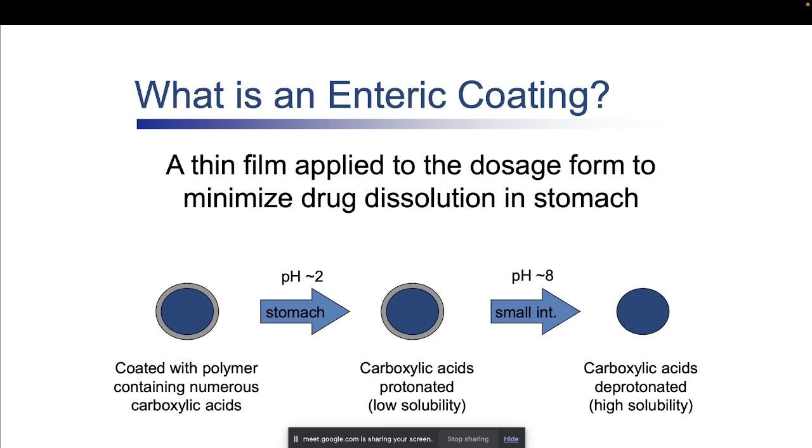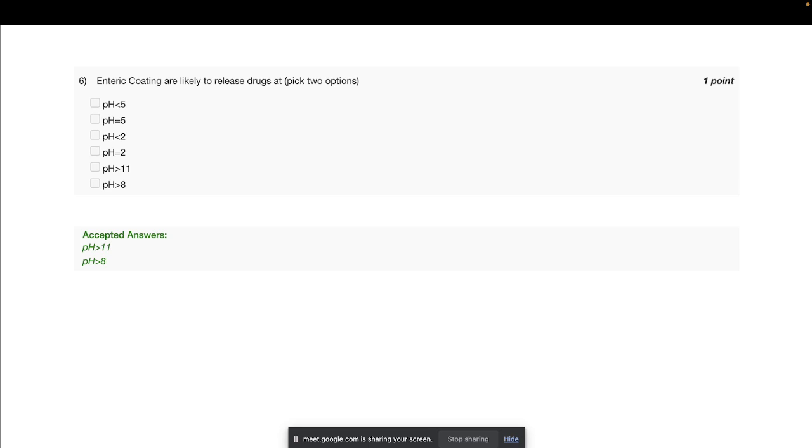Because it's COOH form, it will have low solubility, and then it will pass from the stomach to the small intestine, which has a higher pH, approximately 8 or above. At this pH, your COOH will be getting deprotonated. It will be COO minus and H plus, and now because it's ionic, it will be highly soluble, and this polymer coating will degrade, and then your drug will be ready to be absorbed. So the enteric coatings are likely to release drugs at pH above 8 and 11.